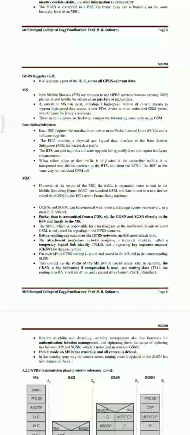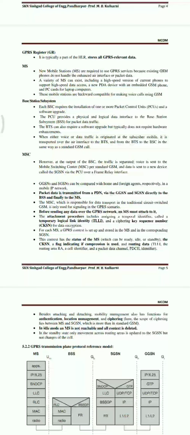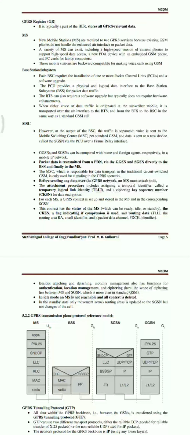It also holds the CKSN, a flag indicating if compression is used, and routing data, that is TLLI, routing area RA, cell identifier, and packet data channel, in addition to the PDCH identifier. It means that the context consists of all this information for each mobile station whenever the attachment procedure is finished for that user.